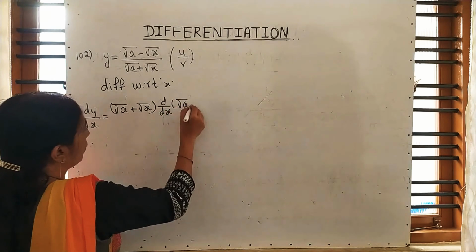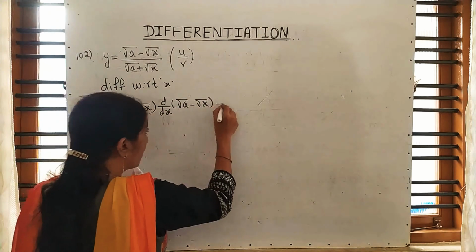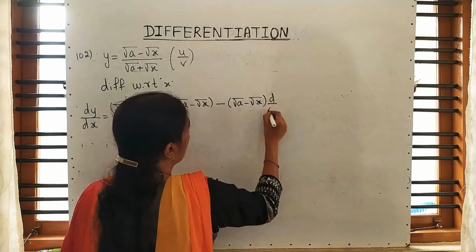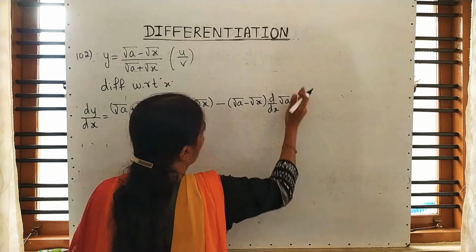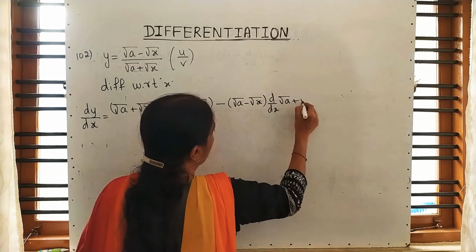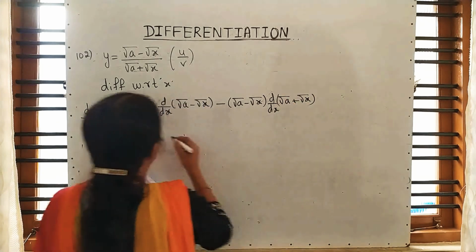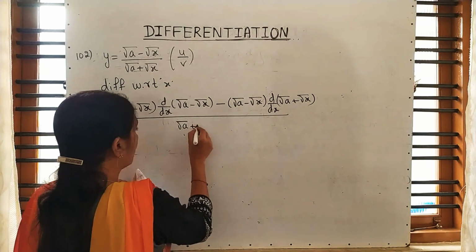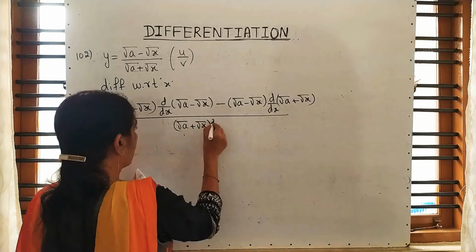Differentiation of root a minus root x. Middle minus comes, root a minus root x into differentiation of root a plus root x, u by v method, divided by root a plus root x whole square.